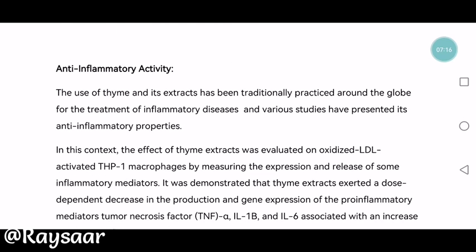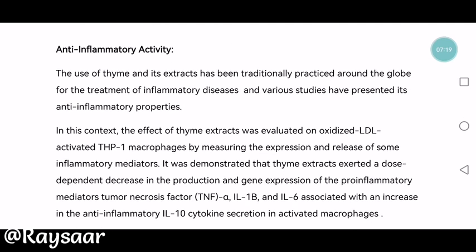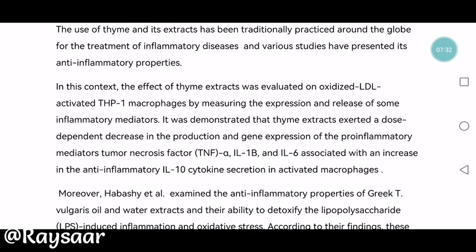Then, anti-inflammatory activity. The use of thyme and its extract has been traditionally practiced around the globe for the treatment of inflammatory diseases, and various studies have presented its anti-inflammatory properties. In this context, the effect of thyme extract was evaluated on THP-1 macrophages by measuring the expression and release of some inflammatory mediators.